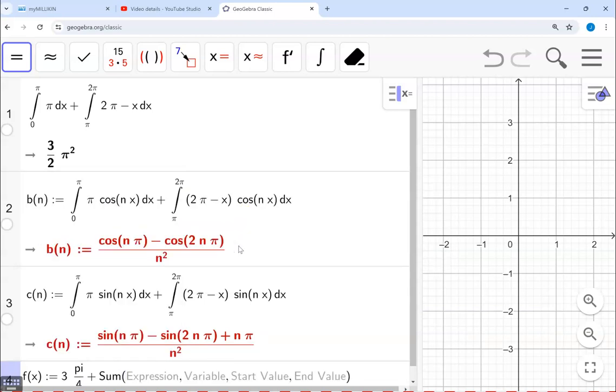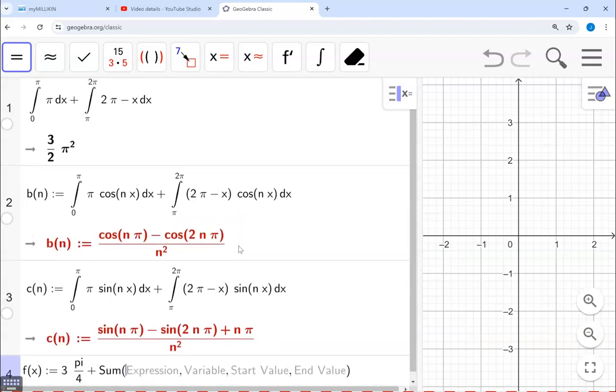Then we'll use our sum command. Notice we've saved our coefficients in there. We've saved our b of n's and our c of n's. So we can use those to type in the expression. So we will do b of n times cosine of nx.